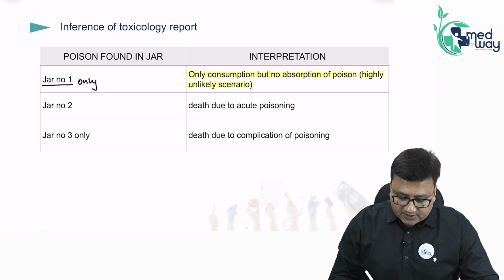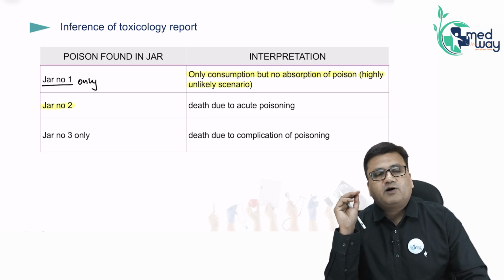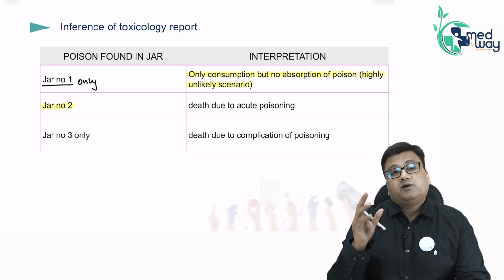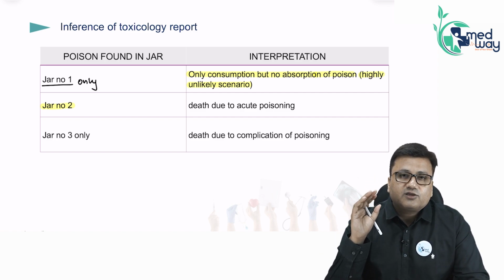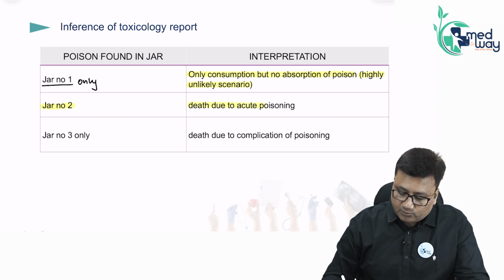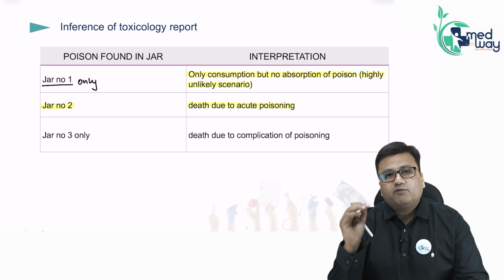What if the report says that whatever has been found in jar number 2, which means the product was in active circulation at that time, which means the death has happened due to acute poisoning of that product.